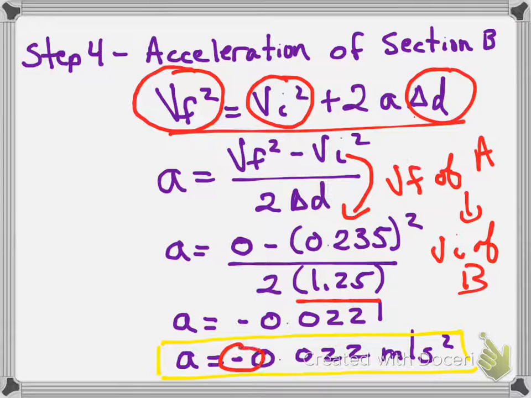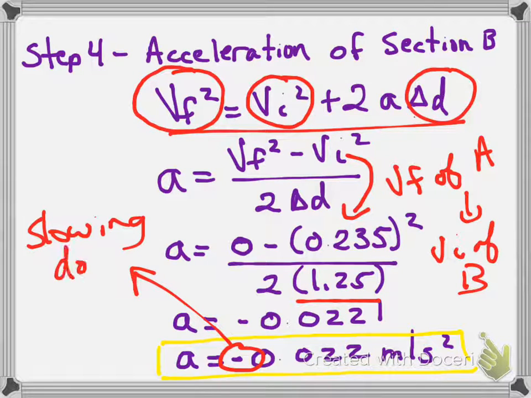It is a negative, indicating that it is slowing down. If we're going to use this in another kinematics question, then we definitely want to keep this negative. However, if we're going to take this acceleration rate and move it into a force equation, the second law, F equals ma, then we are going to keep it as a positive number, remembering that it's a negative acceleration.